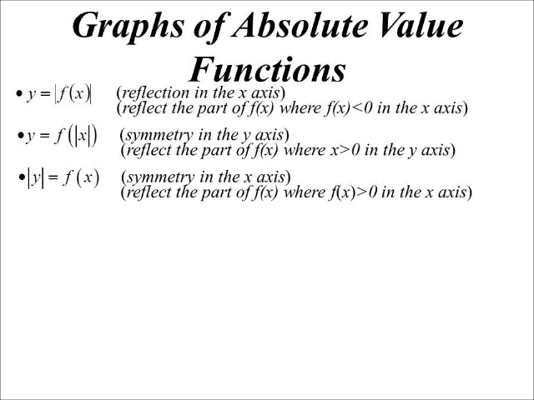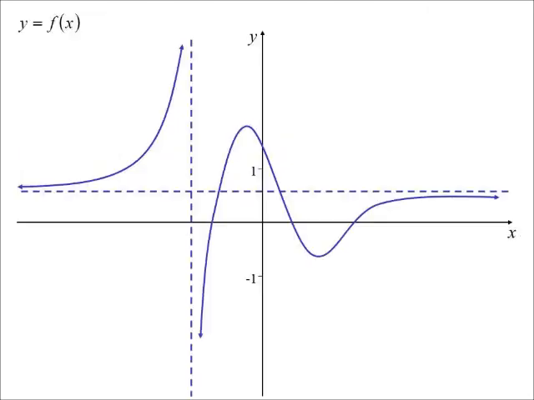Okay, what about absolute value of y is equal to function x? Okay, this also has symmetry in the x-axis. Reflect the part of the original function where the function was positive in the x-axis. Alright, so there's our original graph.